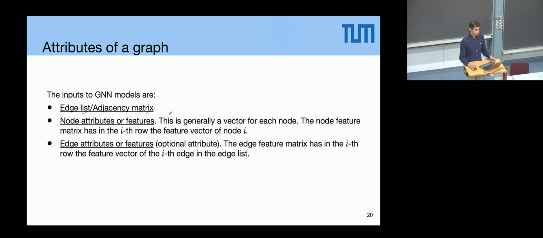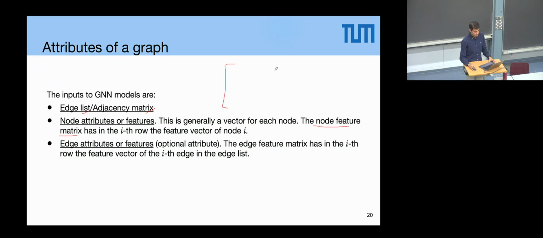For instance, if we have one of those CFD meshes for discretizing a flow, at each node we can have the different components of the velocity vector and also the pressure. So with this vector for each of the nodes, we can create a matrix that we call the node feature matrix.